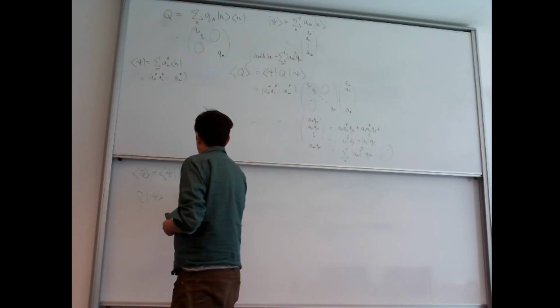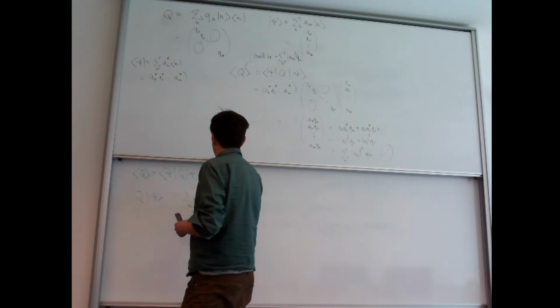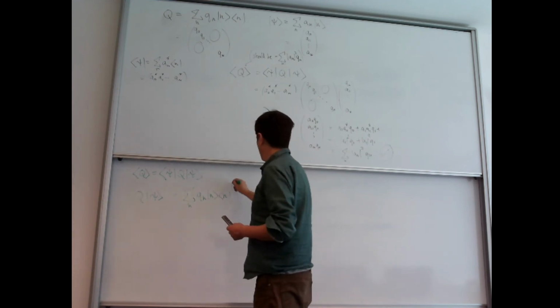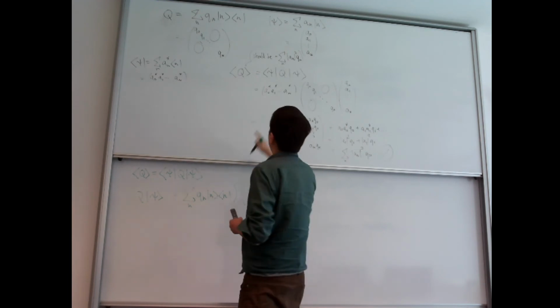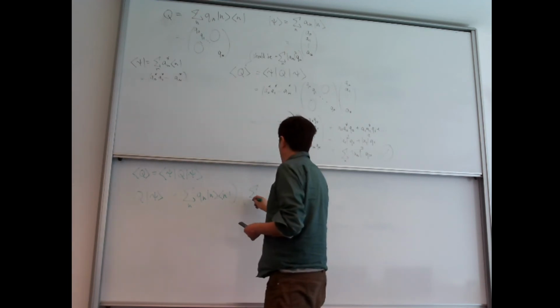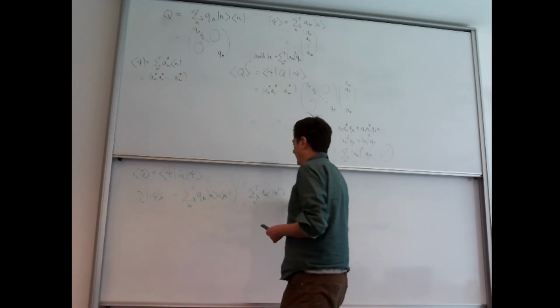When you substitute these definitions, so that's Q, and then we're going to write psi, but we have to make sure that our labels are not going to get mixed up. So always put a new label here.